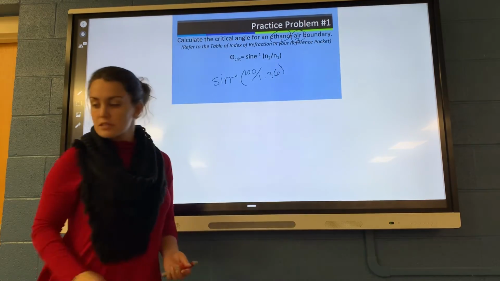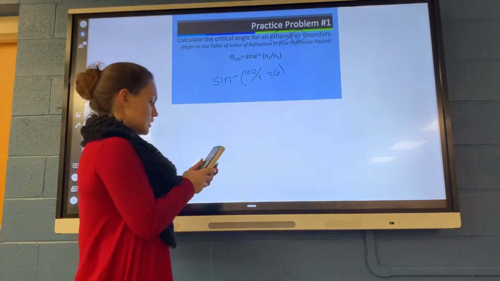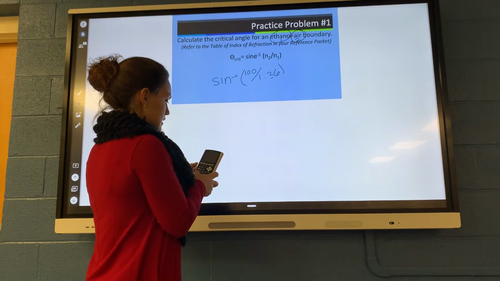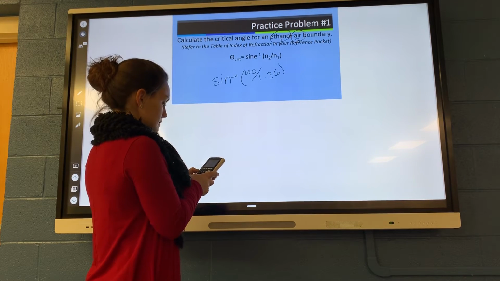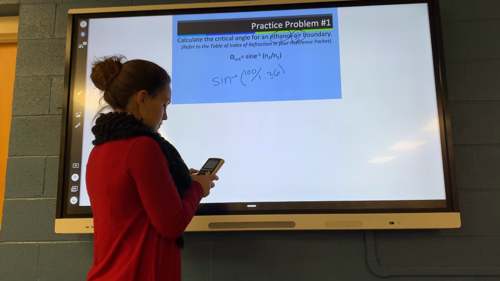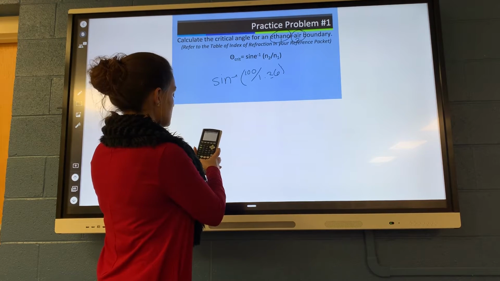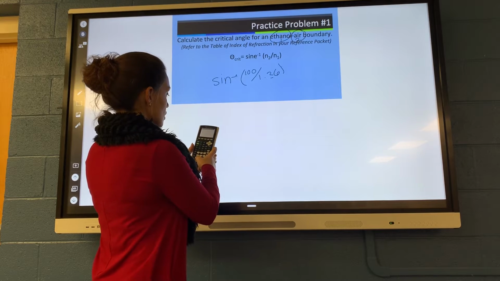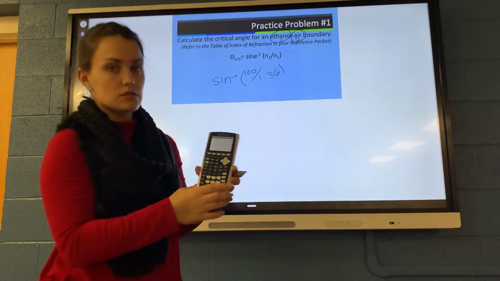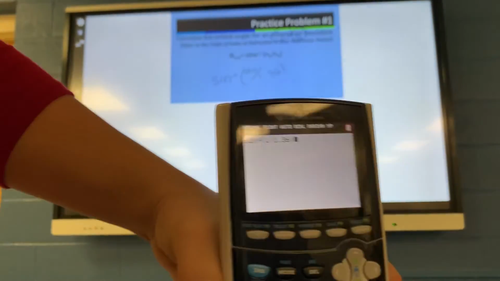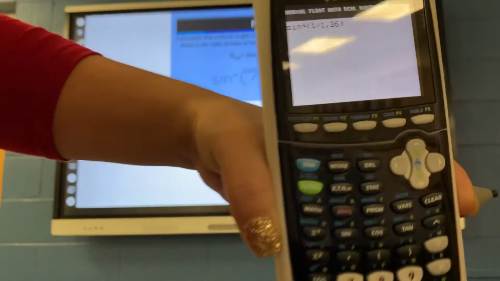1.36. So close your parentheses, and if you punch that into your calculator, you should get second sine to the -1 of 1 over 1.36. I think this calculator's dead. So if you see, this is what I have in the calculator. Not sure if you all can see this.